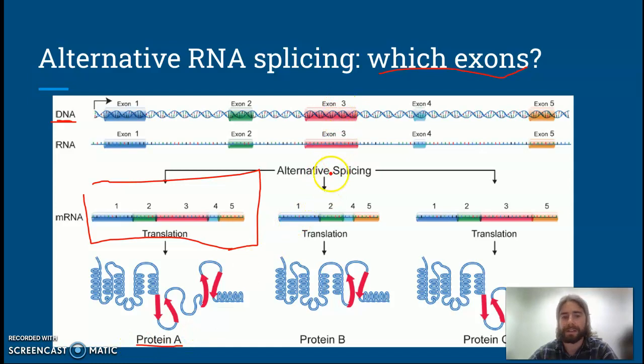In our second example, exon 3 is removed or not included. It's essentially incorporated as an intron and removed.